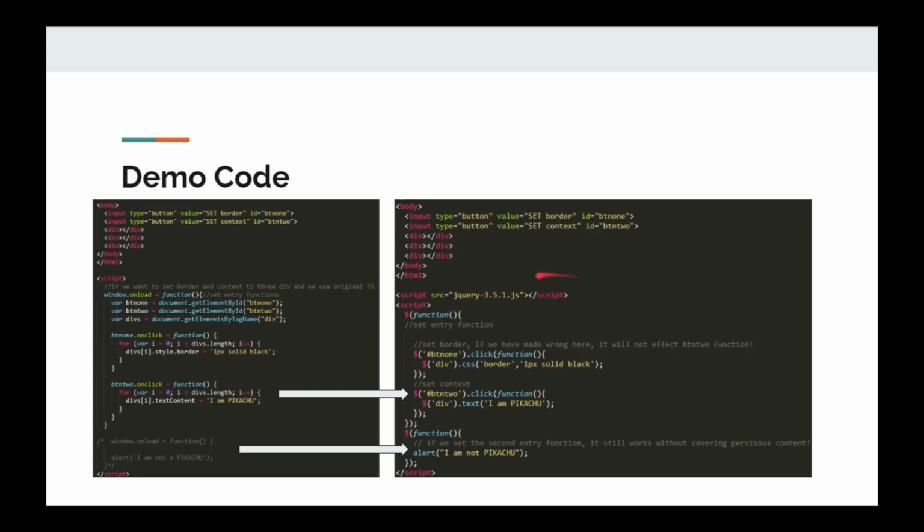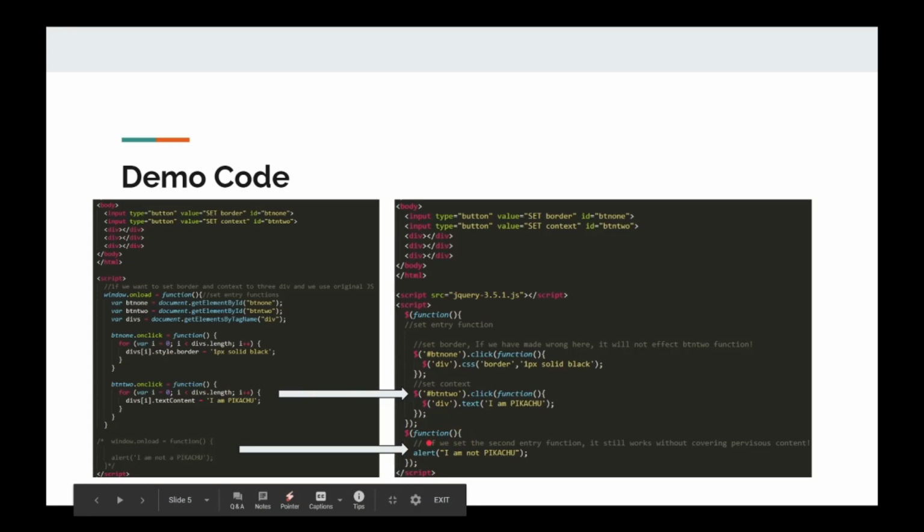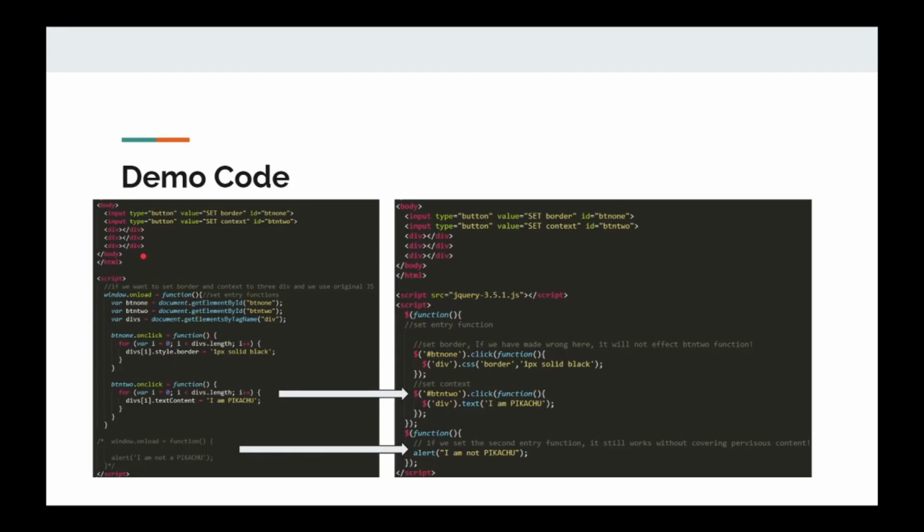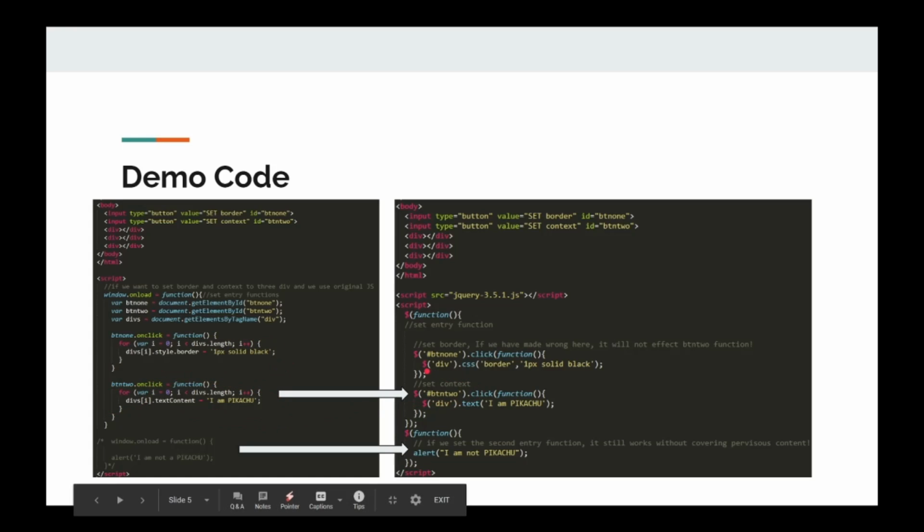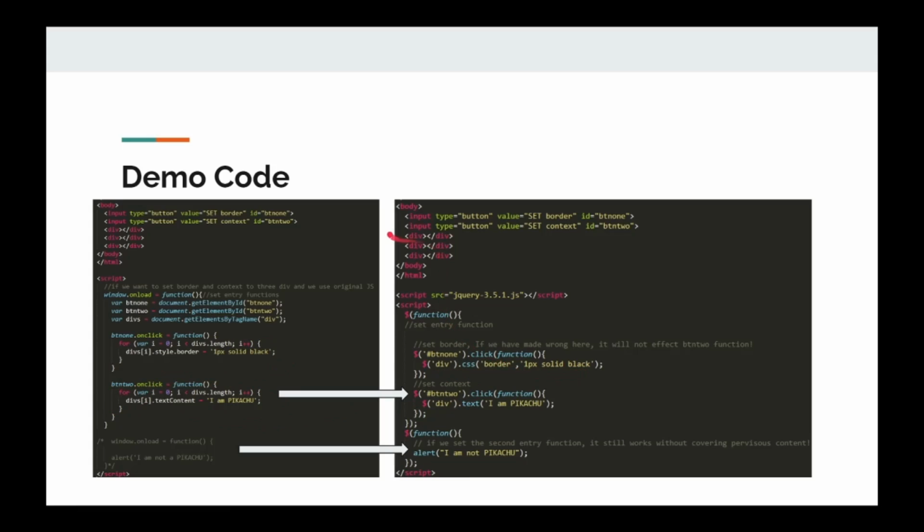But in jQuery, I can apply two or three or more entry functions, and all of them will be okay. Another thing, if we want to set a border on these three divs, we have to use a loop. But in jQuery, I only write one sentence to set the border and also the text of all the divs. It's very easy and convenient.